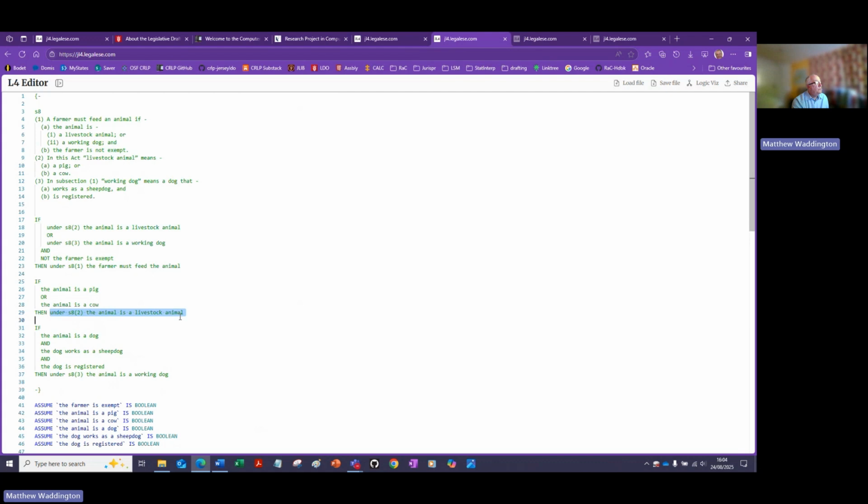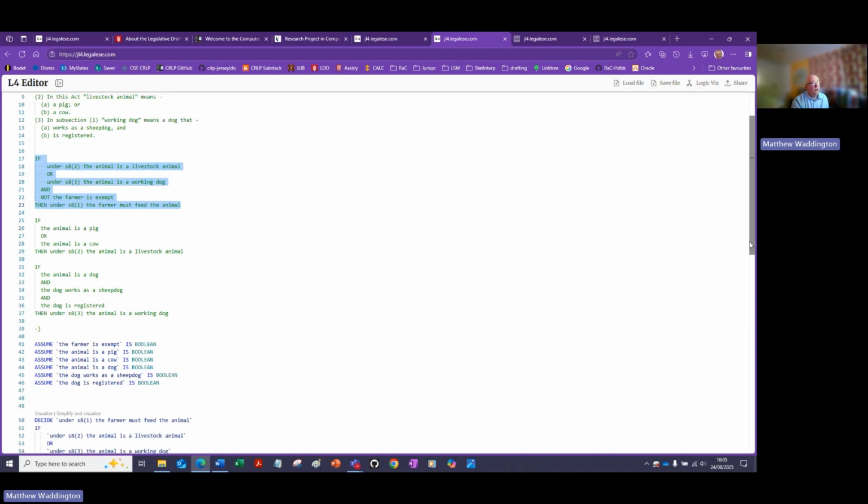Under section 8.2, the animal is a livestock animal. That feeds that. And then under section 8.3, the animal is a working dog. That feeds this condition. So this is the main if-then statement to get to whether the farmer must feed the animal. And these are the two definitions that feed in.